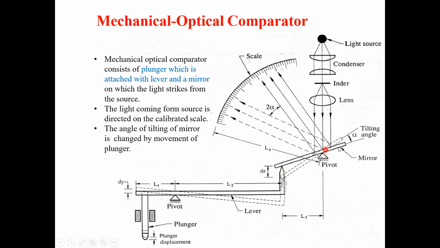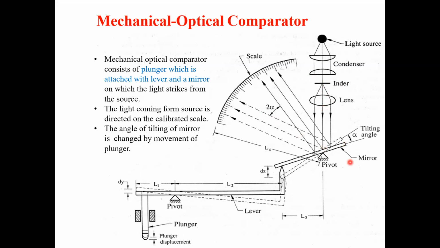When the mirror is rotated through alpha, the light coming from the light source and striking the mirror deflects through an angle 2 alpha. A beam of light from the source passes through a condenser, which condenses the beam, and through the lens, which allows a parallel beam of light. This parallel beam strikes the mirror, and from the mirror it is projected again.